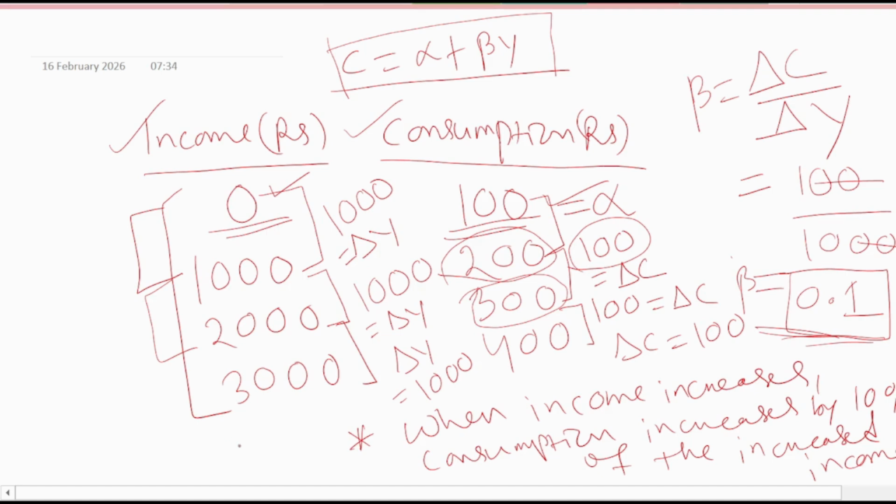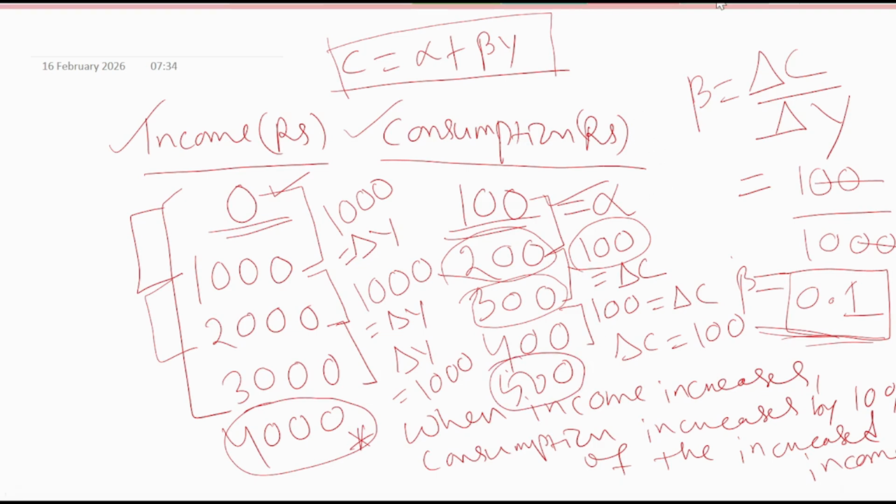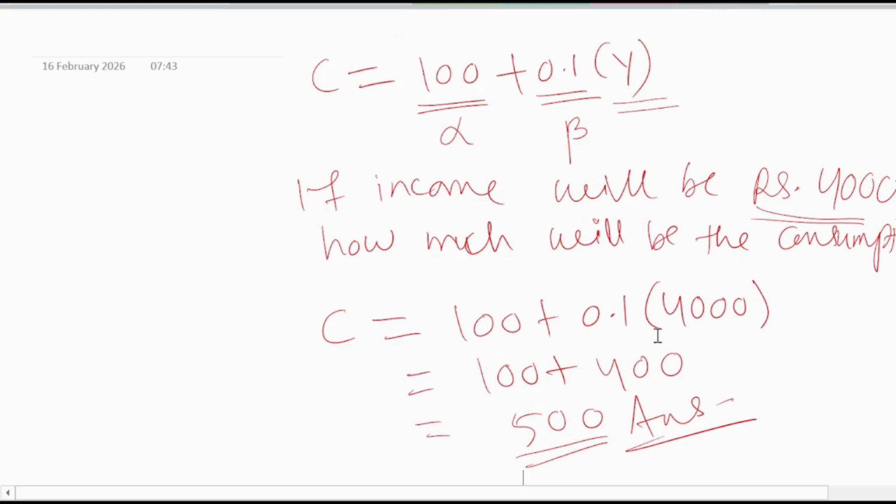So if income is equal to 4,000, obviously the consumption will increase from 400 to 500. So this is the new income and this is the new estimated value of the consumption, which we observed from this series also, which we can estimate from this equation also.